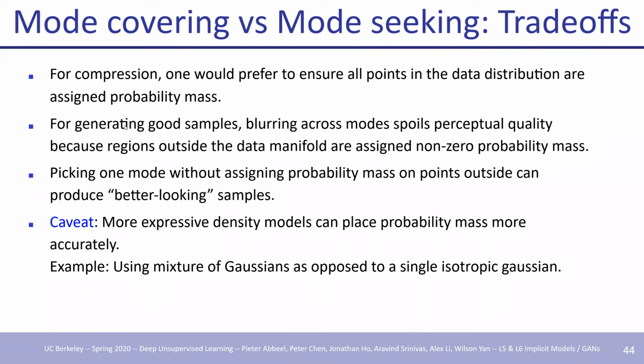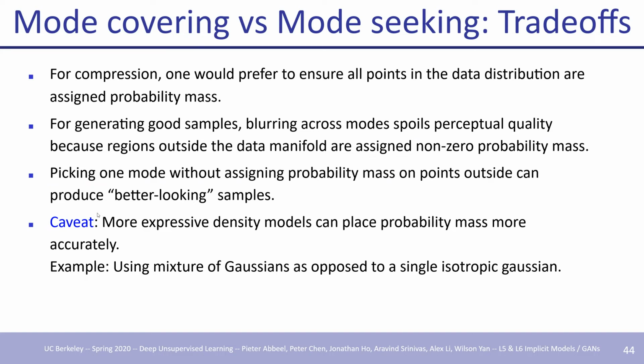For our case, if we want to generate good samples, it makes sense to do mode seeking, because then we generate really good samples from one single mode, rather than create a blurry one across multiple modes.